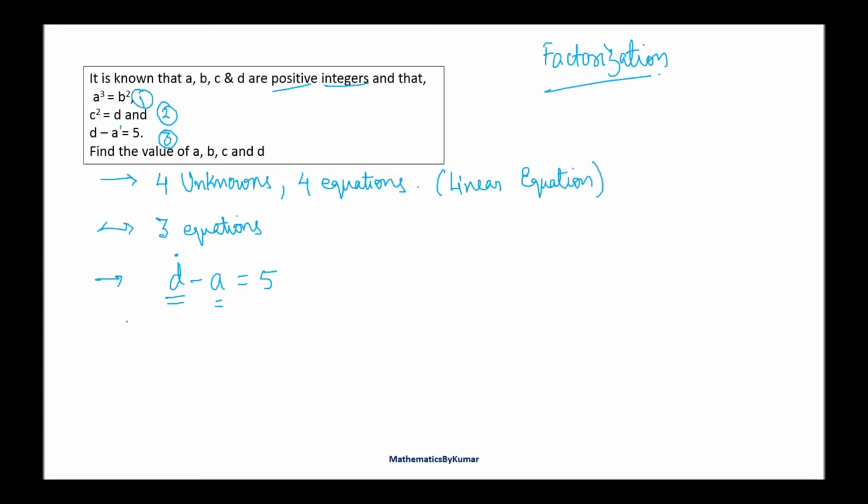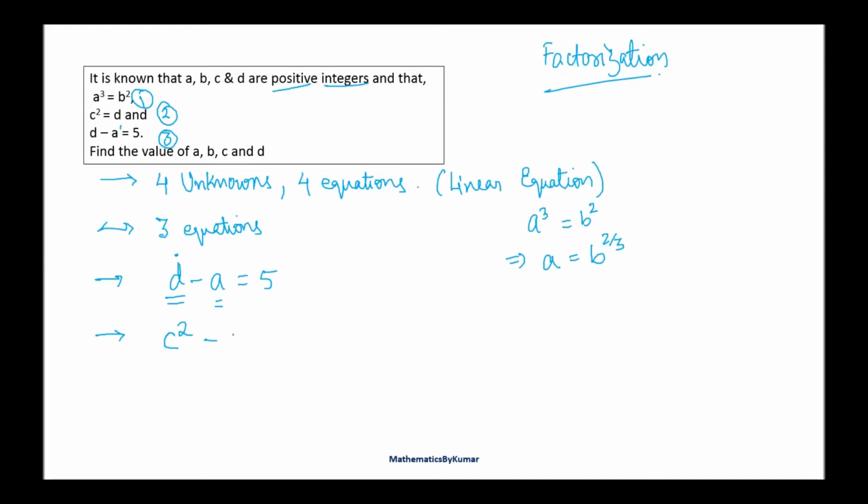If I combine the second equation with the third equation, I can replace D with C square, which I directly get from the second equation. And for A, we have to slightly modify the first equation. We had A cube equal to B square, so I can write A is equal to B to the power 2 over 3.